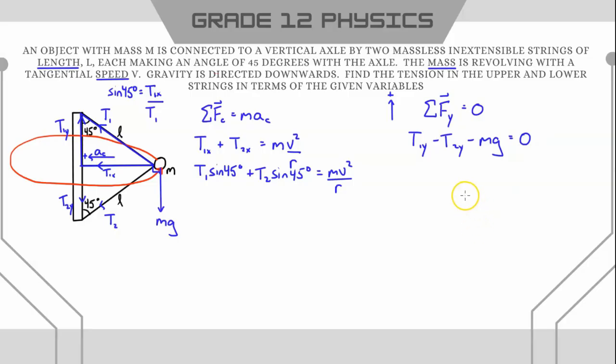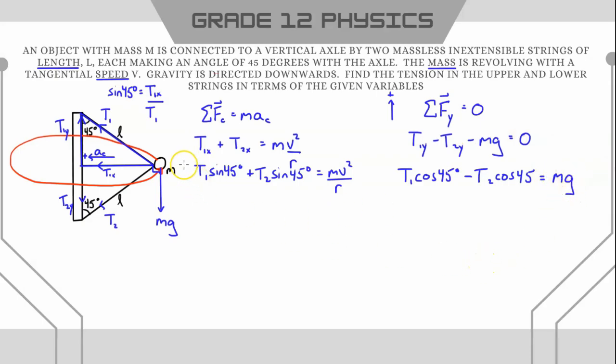So just as we did before, we can solve our right angle triangle using our trig ratios, and we will get T1y to be T1 cos 45. And then T2y is going to be T2 cos 45. And we can add gravity to both sides of the equation. We'll just have this equal to mg.